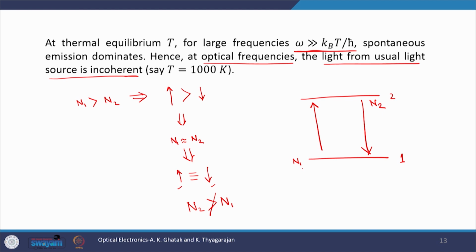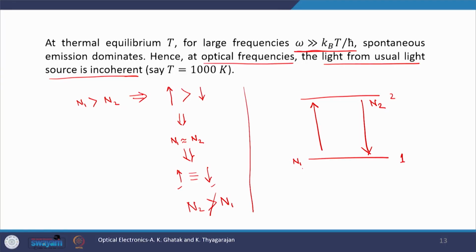Now, the situation where N2 is larger than N1 is called a population inversion, or inverted state. When N2 is larger than N1, the number of downward transitions would be larger than the number of upward transitions, and in this case we will have some gain from the system.